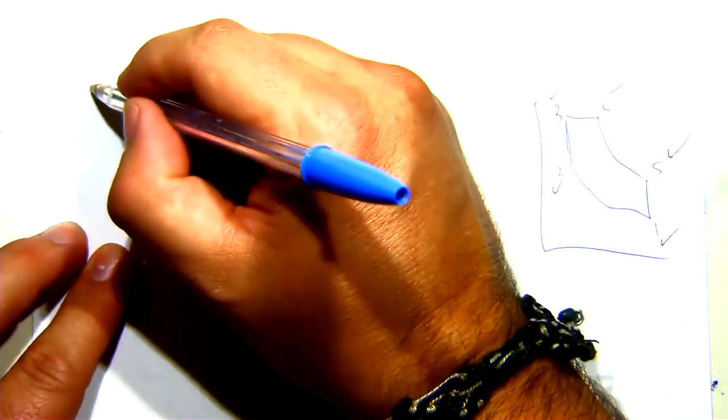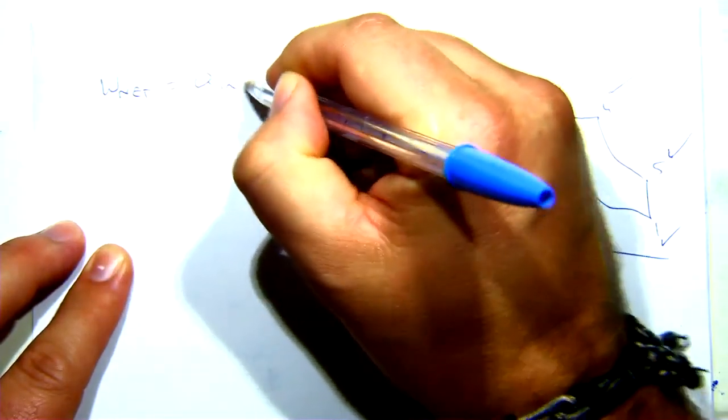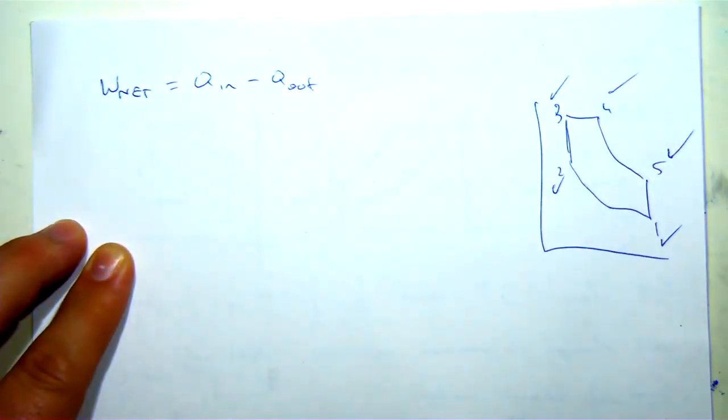So what I want to do is get net work, which is equal to Q in minus Q out, because I'm solving for the MEP. I look back at what I wrote at the very top of the page. What was I trying to solve for?